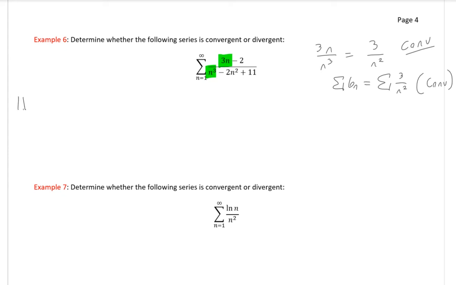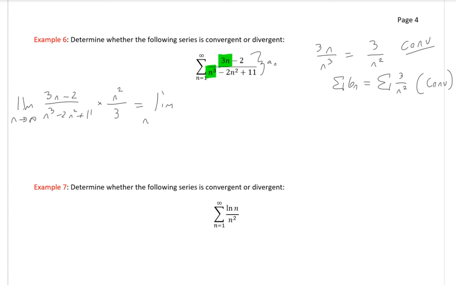So then I'm going to take the limit as n approaches infinity of a sub n, which is our original series, divided by b sub n, but like we did last time, we're really just going to multiply by the reciprocal. So 3n minus 2 over n cubed minus 2n squared plus 11 times the reciprocal of 3 over n squared, which is n squared over 3.